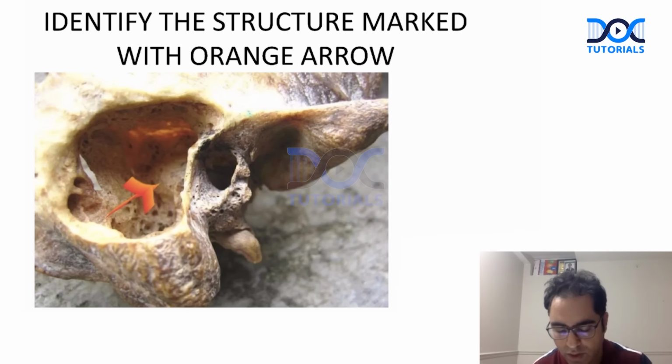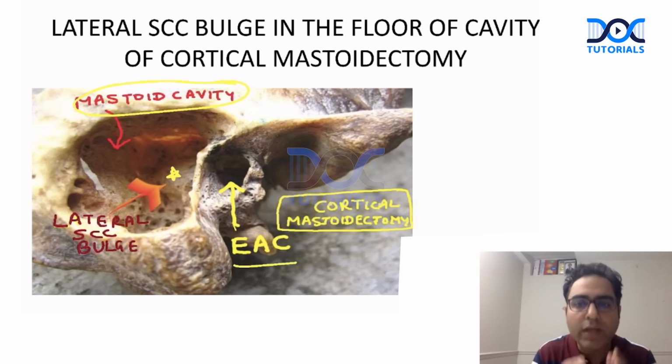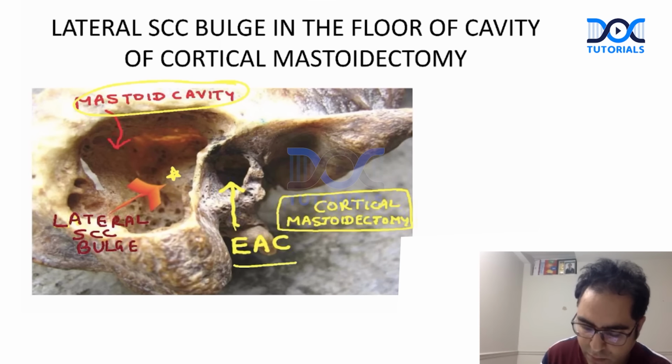Now, if you see a bulge, like this one they are pointing at, a bulge or projection or elevation in the floor of the mastoid cavity, this is the lateral semicircular canal bulge. So any projection or bulge in the floor of the mastoidectomy cavity is the lateral semicircular canal bulge, and this is why it is important for surgeons.